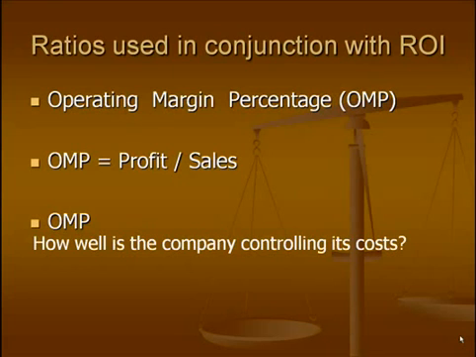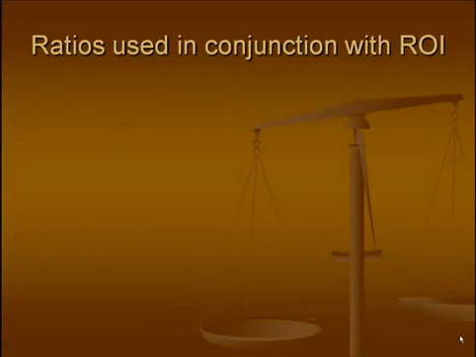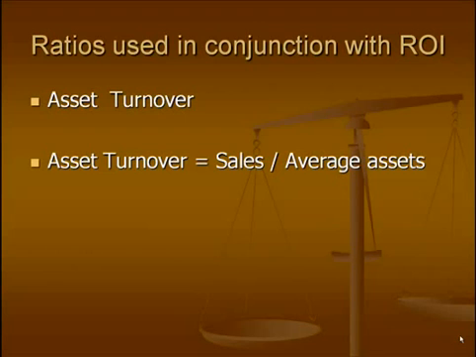Another ratio which is used is asset turnover. Here's the formula: asset turnover equals sales over average assets. Asset turnover also tells you something.